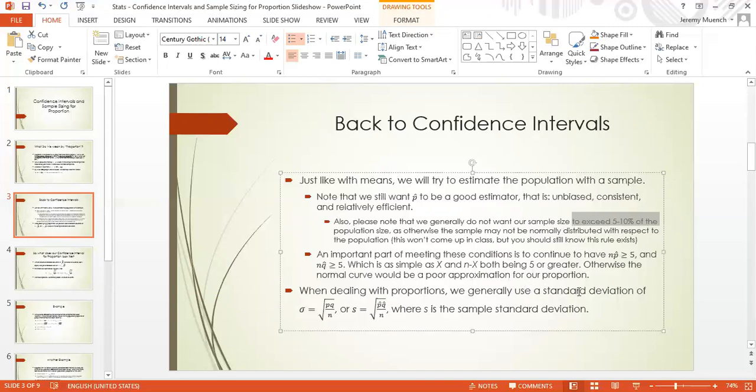But the main thing here is that the standard deviation we're going to be using when we deal with proportions, the standard error more specifically, is going to be the square root of PQ over N, or more specifically, P hat Q hat over N. This is the one we're more interested in. And this comes about quite nicely from that idea that we're trying to find a way to work with the binomial distribution, which had a standard deviation of root NPQ.